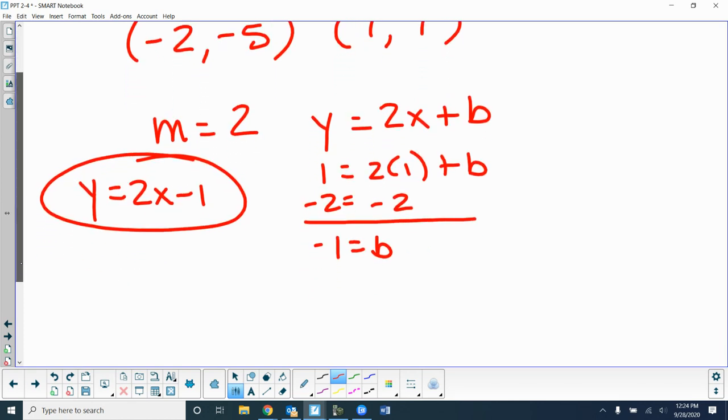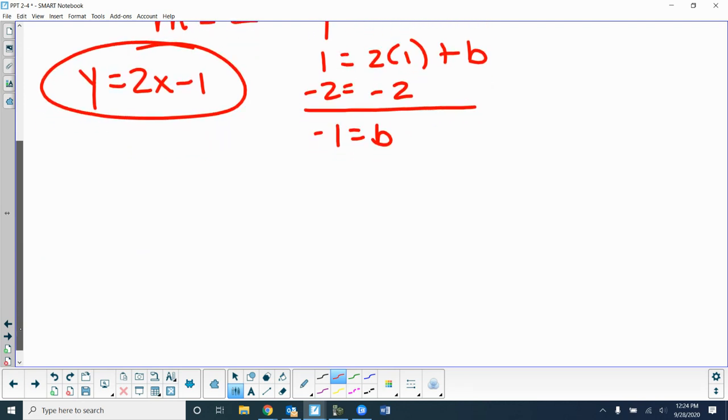All right, try one more, and then I'll give you your assignment. Nothing new today. Just more practice on these. All right, this one, perpendicular to.